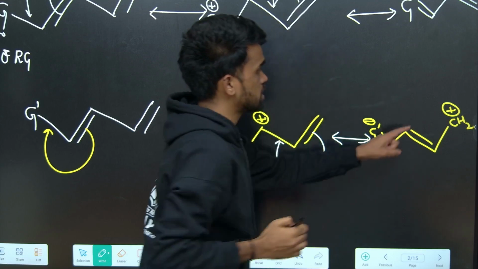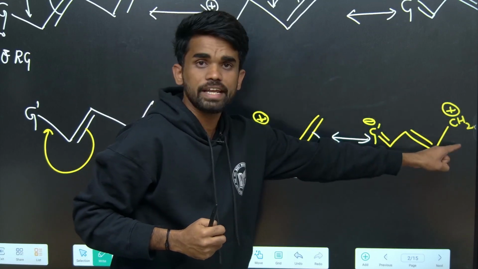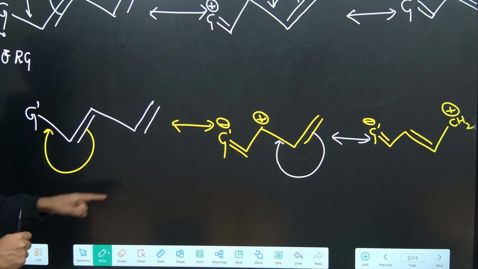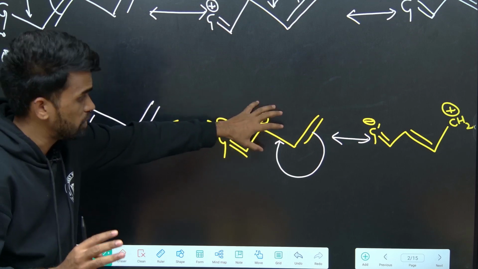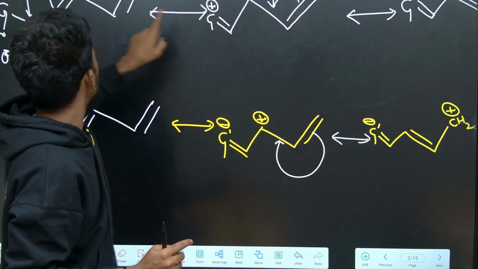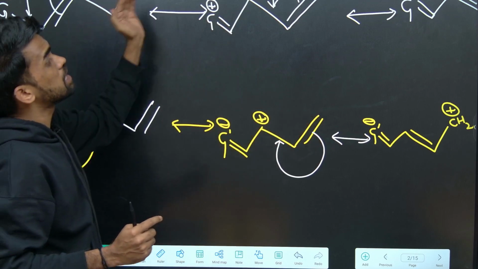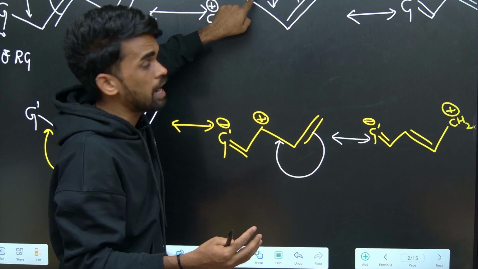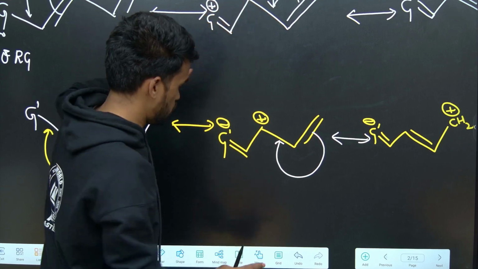So like this carbocation delocalization takes place. When an electron withdrawing group is present, we get electron deficiency in this conjugative system. But when we have an electron releasing group, that will release electrons, and therefore the system gets more electron density, with negative charge represented here.